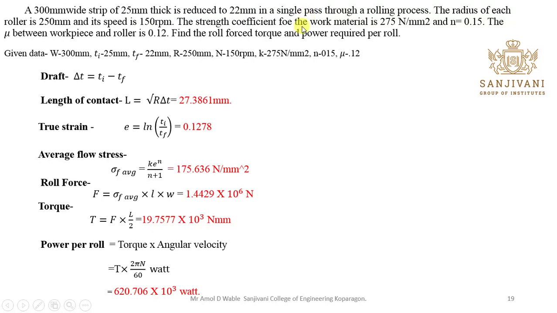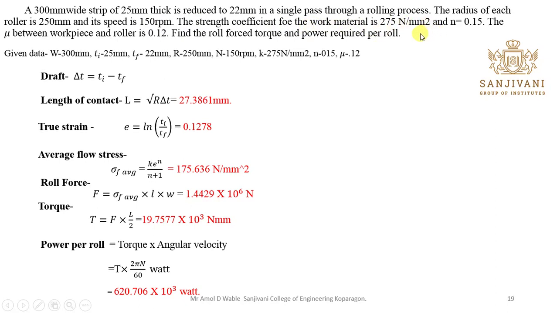Even you can use a number of passes to get the final shape of your strip. Then the radius of each roller is 250 mm and its speed is 150 rpm. So we know the radius and the speed, where speed is a capital N. Then the strength coefficient of the work material is 275 Newton per mm square.